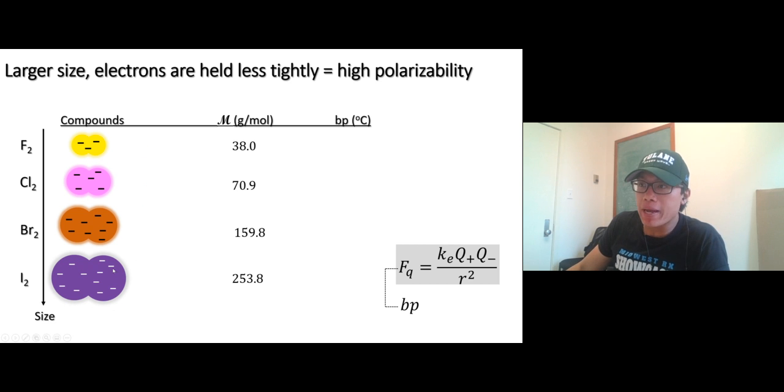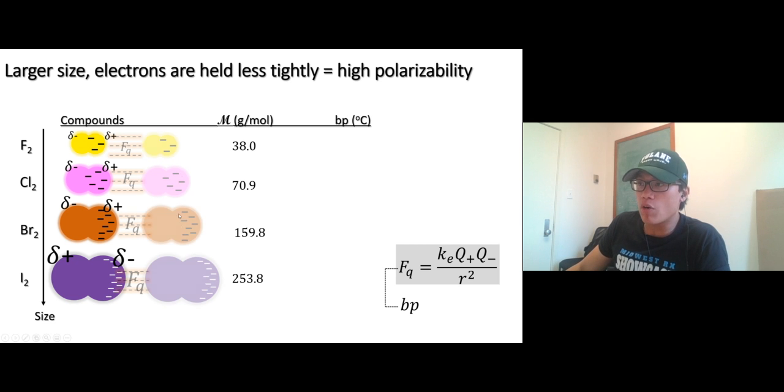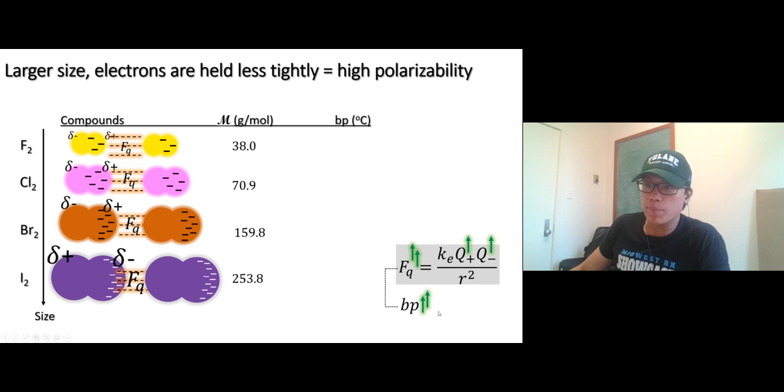And when the electrons migrate to one side, the difference in charges is higher compared to small molecules. And when it forms London forces with another molecule, this one is big, so the attraction force is big. If you still remember this equation: high charge, high attraction, high boiling point.